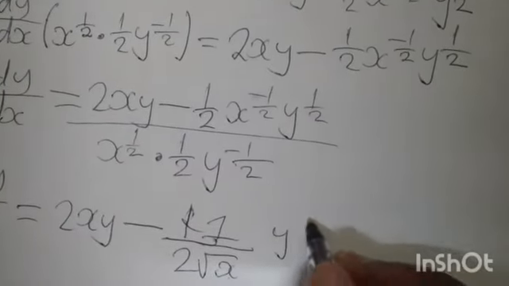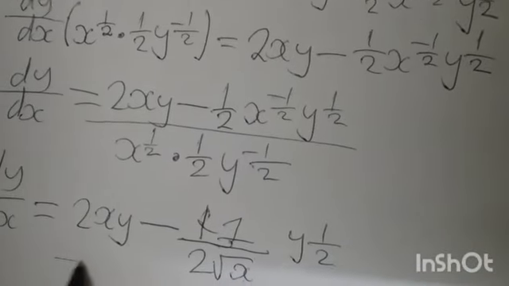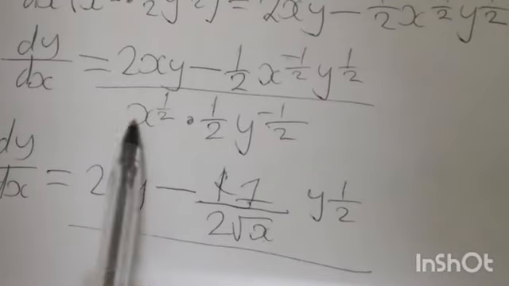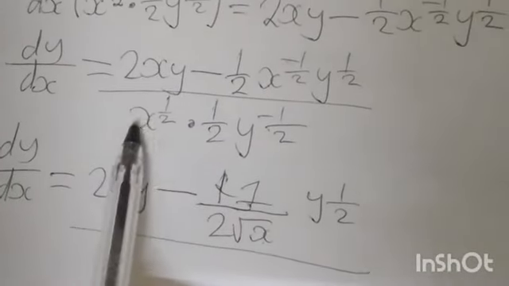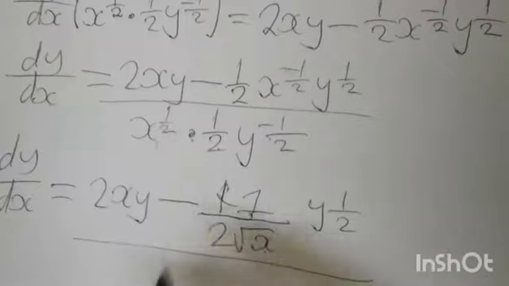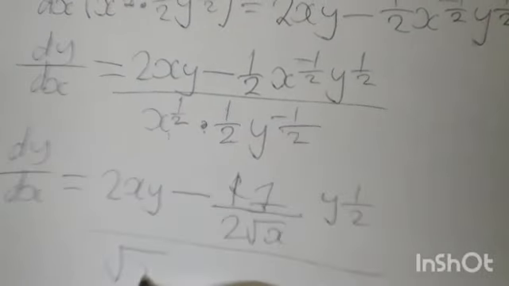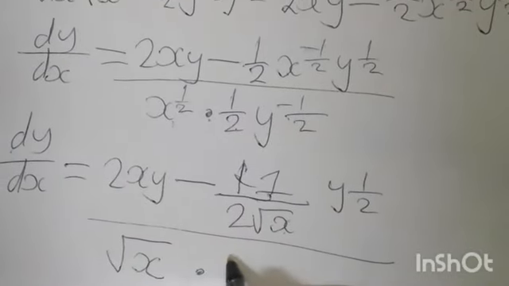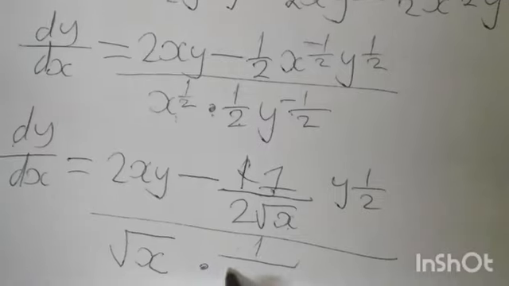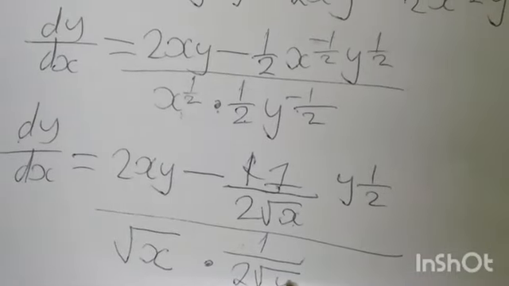Then we have y over 2. For this one again, we have x inverse multiplied by 1 over 2 y. So x to the power 1 over 2 here will simply be root of x, multiplied by 1 over, the same thing we did here, 2 root of y.